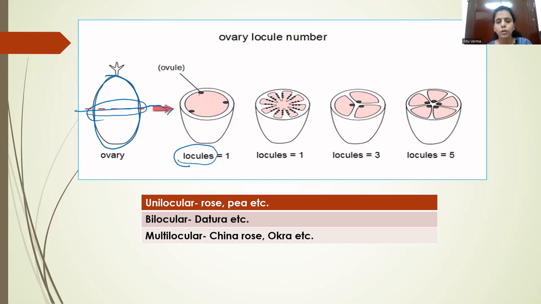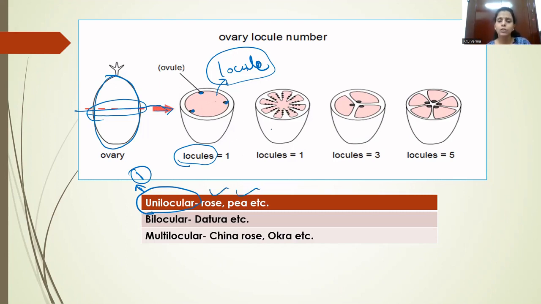You can see here this peach color structure represents the locule or cavity or chamber inside the ovary. As there is only one locule, it is called unilocular. Uni means one. Unilocular means the ovary has only one cavity or one locule. The examples are rose and pea.